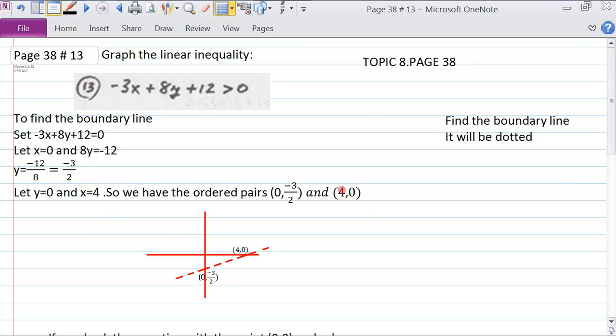So now we have the ordered pair x is 4, y is 0. So here's x is 4, y is 0. Here is x is 0, and y is minus 3/2 or 1.5. We connect the two points with a line, and it's going to be dotted because there's no equal sign.